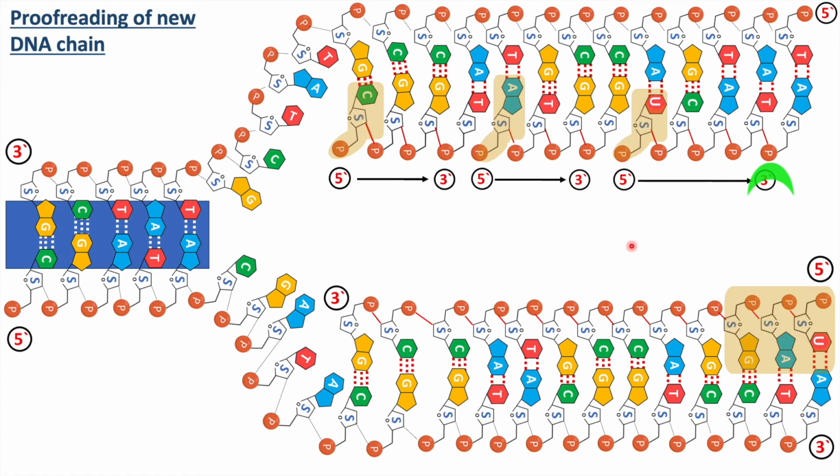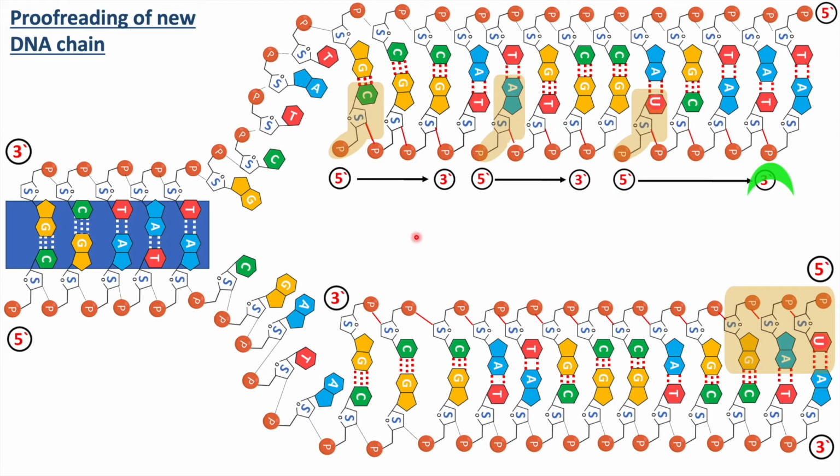Now another thing we need to know is that DNA polymerase also has a proofreading function. Proofreading is very important when new strands are synthesized. DNA polymerase will proofread the nucleotide sequence of these new strands to make sure that the base pairing is proper.